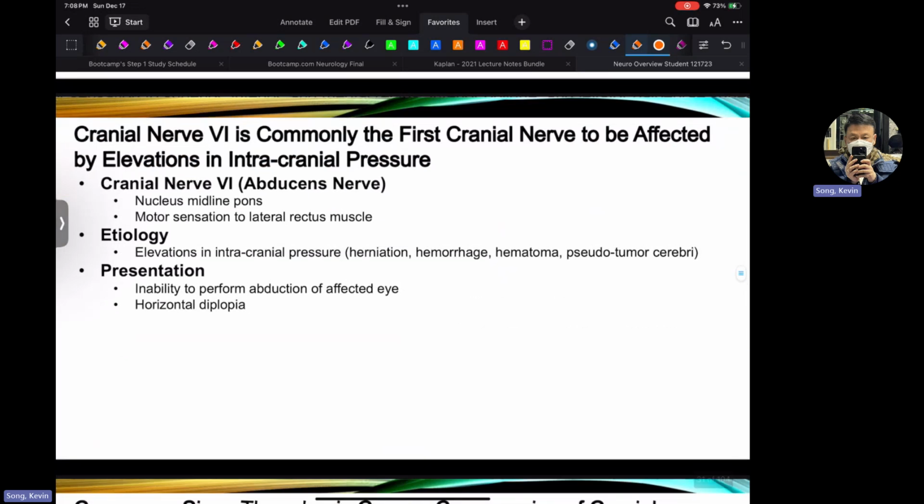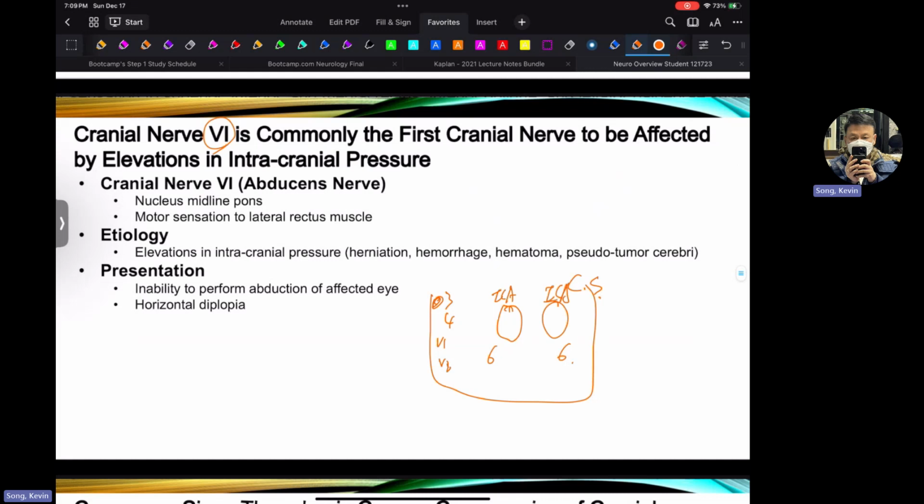Also, another thing is the 6, not the 4. Okay. 6 is the cavernous sinus, right? Cavernous sinus. The 3, 4, V1, V2, and 6. 6 here. So this is like the internal carotid artery.